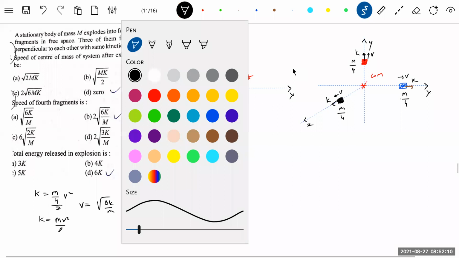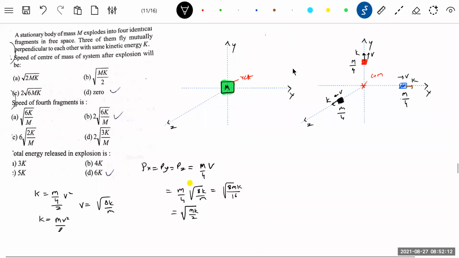During explosion, internal molecular forces act here. And we know due to internal force, center of mass will not accelerate. So what was initially at rest, finally after explosion also, the center of mass will be there only.